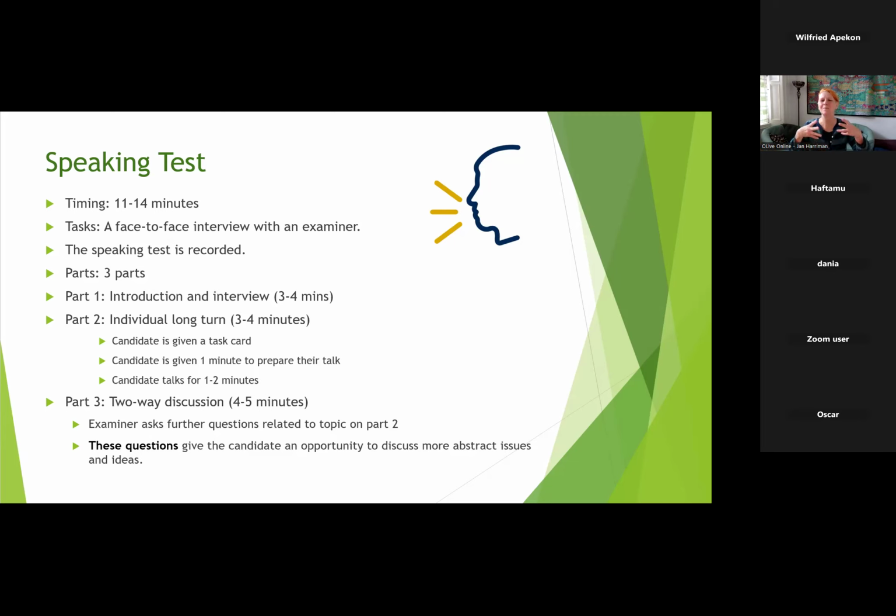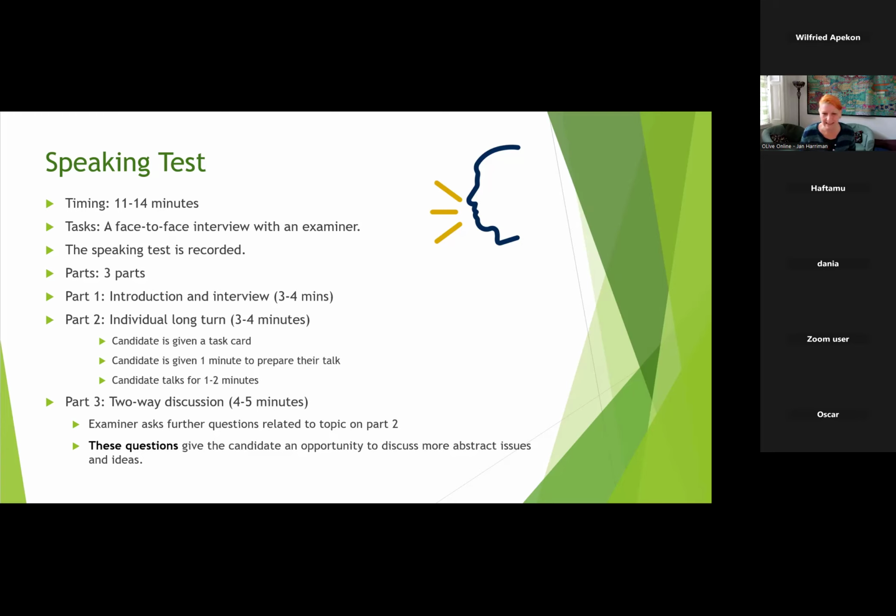All of a sudden I've been required to make this big, complex, compound sentence talking about the past and the future at the same time. So listening to the examiner's questions will be your key to getting the highest possible marks in the speaking exam.